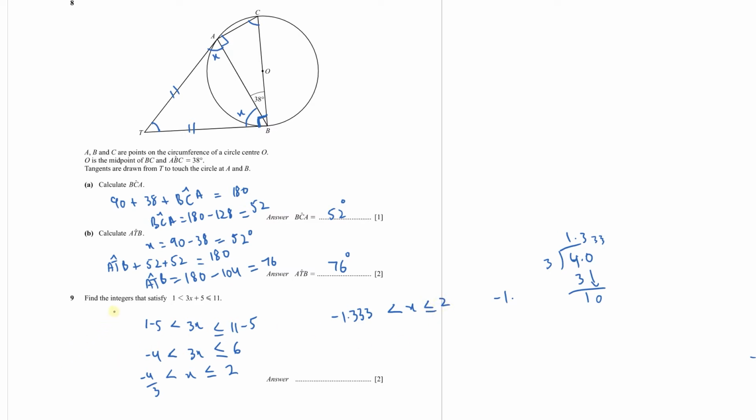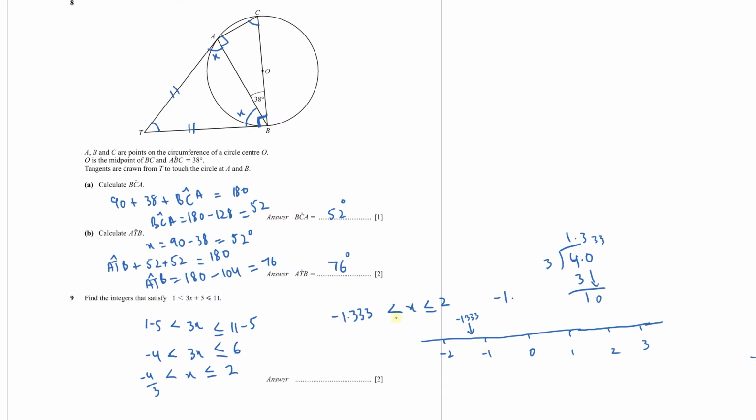So we are looking for integer values. So if you have your number line here, you have minus 2, minus 1, 0, 1, 2, and 3. So in this inequality, minus 1.33 will be somewhere here.